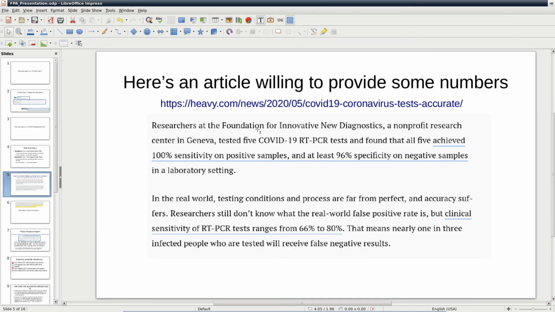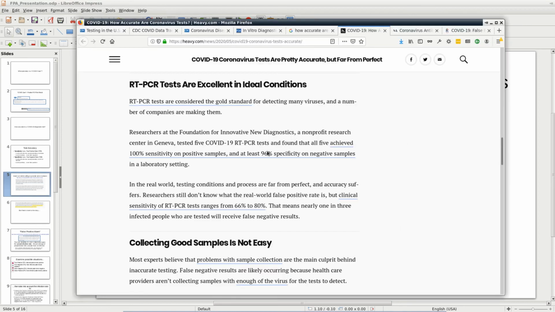And this is what I was saying here. That means nearly 1 in 3 infected people who are tested will receive false negative results. So that's the scary part. That's what I'm talking about. A false positive, don't worry about it, it's not even possible.